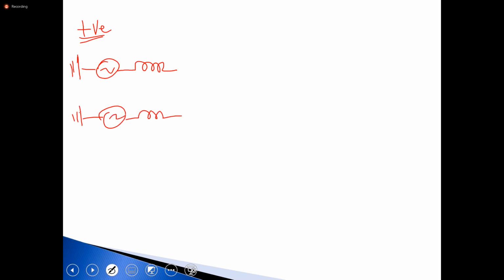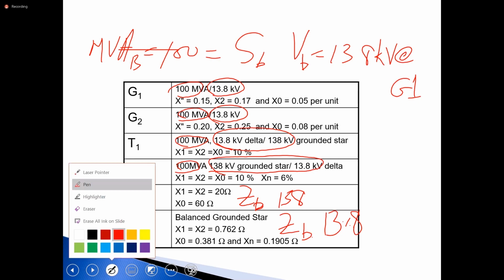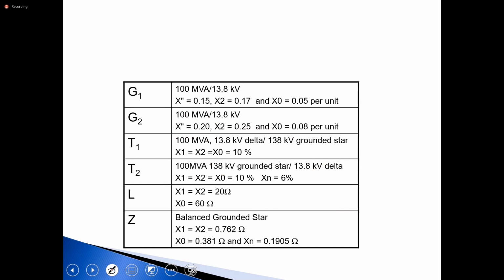And we, of course, have XG1 and XG2. What were those values? XG1 was 0.15. Please note that here I did not say X1; I'm giving you the subtransient reactance, and we know that the subtransient reactance is indeed X1.